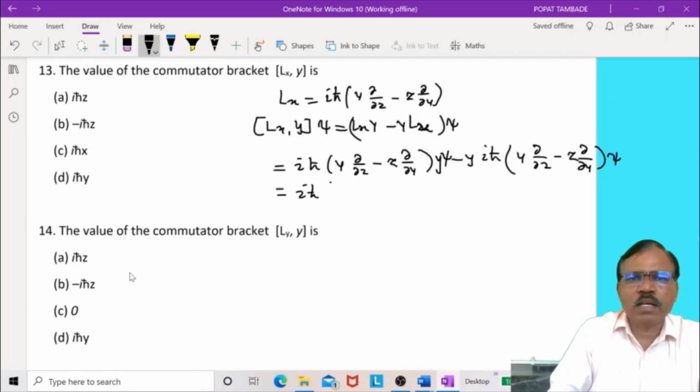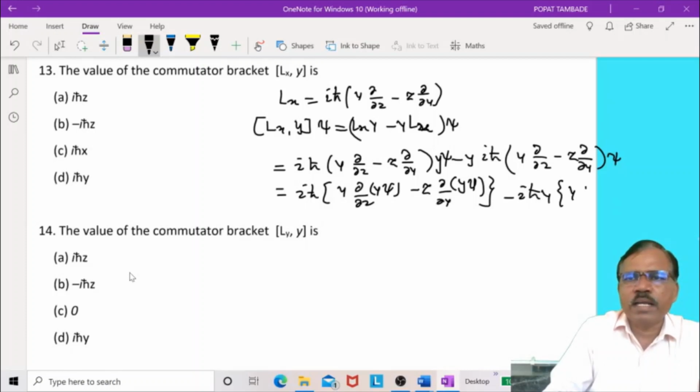So iħ [y ∂/∂z of (y psi) minus z ∂/∂y of (y psi)]. This is from the first bracket. Then minus iħ y in the second bracket, y ∂psi/∂z minus z ∂psi/∂y, and then solve this.